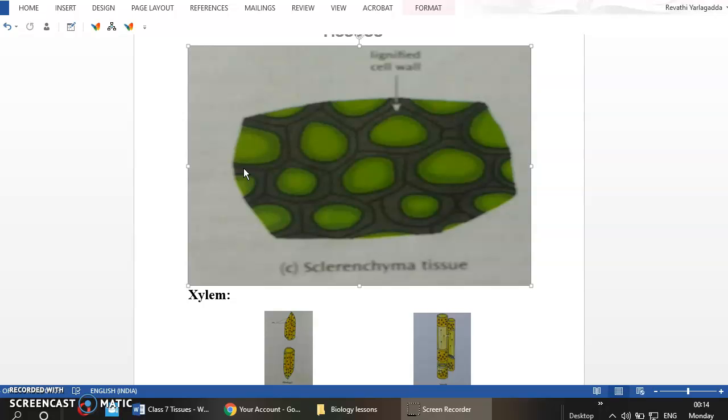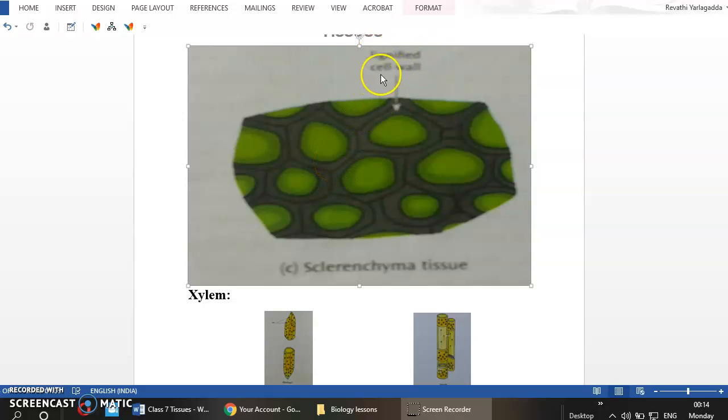From coconut and from the jute plant, we get fibers. If you touch those fibers, they seem to be very hard. Why are they very hard? Because they are made up of sclerenchyma tissue, because of the presence of lignin in between the cells.